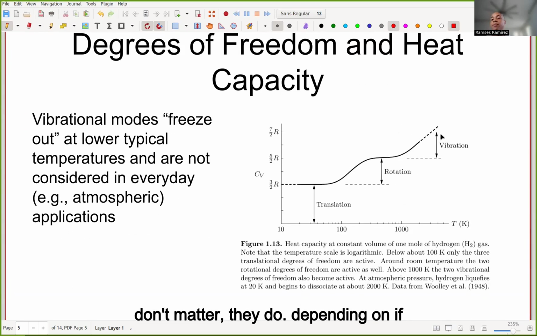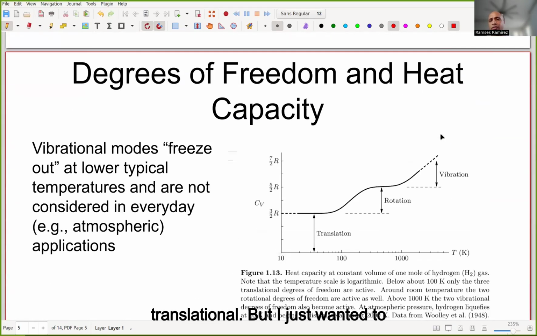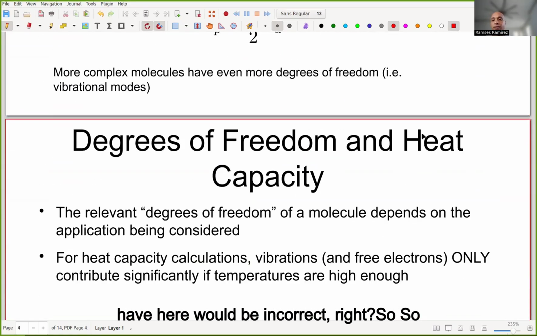They do, depending on if you're going to a really extreme regime, a magma ocean atmosphere, these modes matter, right? But for typical applications, it's just rotational and translational. I just wanted to emphasize that because there are cases in which we do care about vibrational modes, and then these equations that we have here would be incorrect, right?